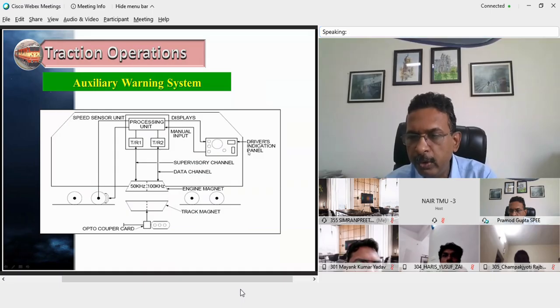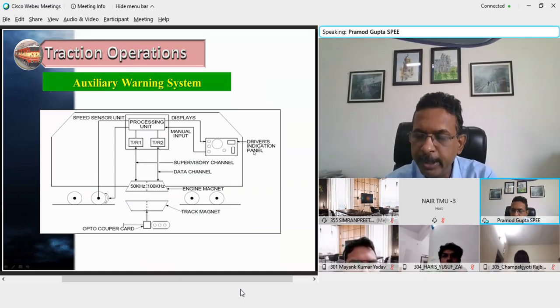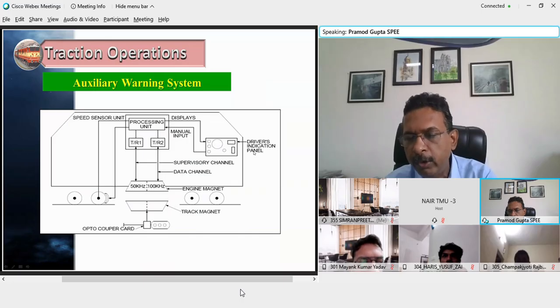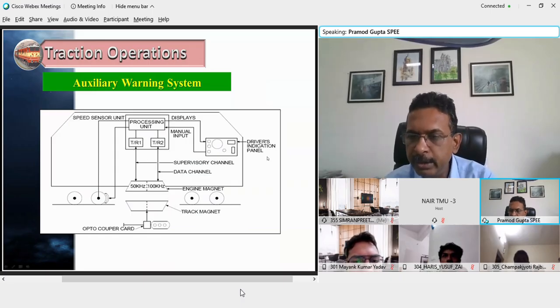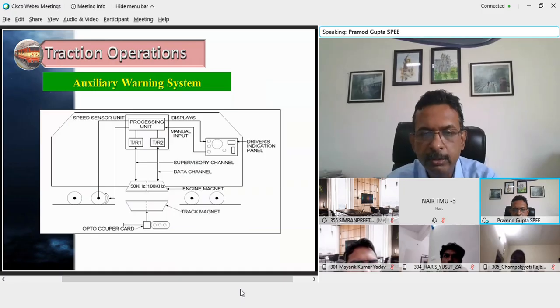If he ignores the warning, automatic action takes place because we want to avoid the accident at any cost. And the signals are available on the driver's panel, and he keeps on getting the data about the next signal in advance. So this is the block diagram of how the entire system works. It is successfully working.